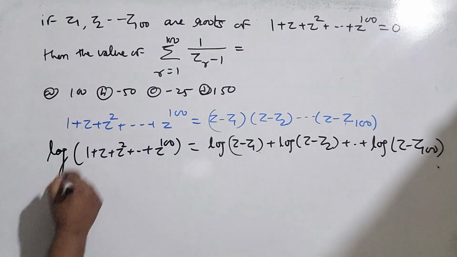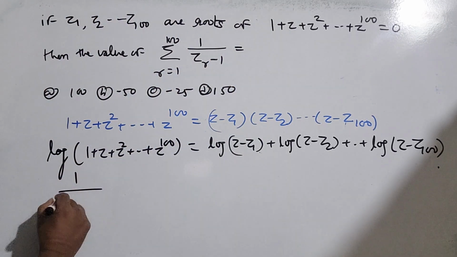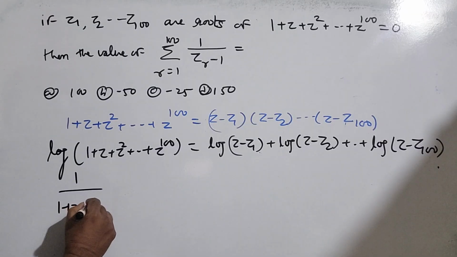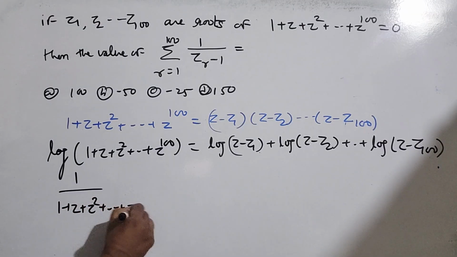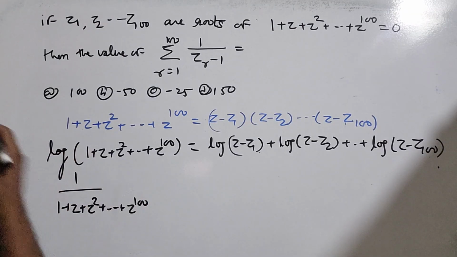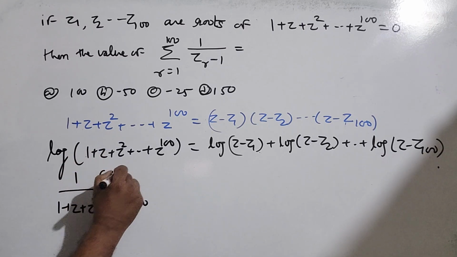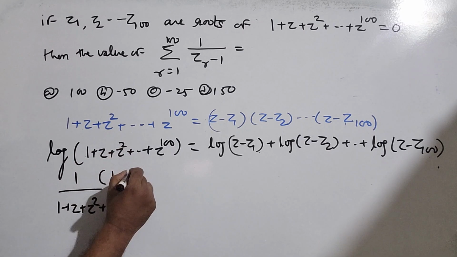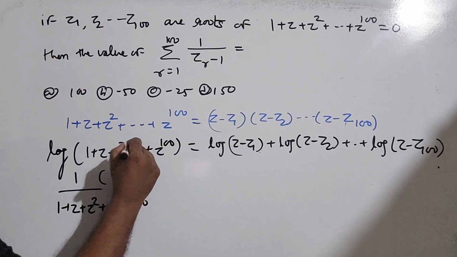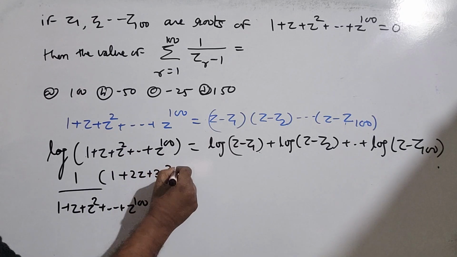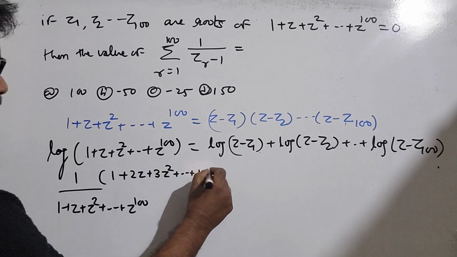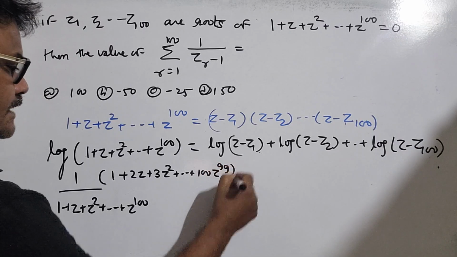Now differentiate. The left side is 1 upon (1 plus z plus z square up to z to the power 100), times the derivative: 1 differentiates to 0, z to 1, z square to 2z, z cube to 3z square, and like that up to 100 z to the power 99.